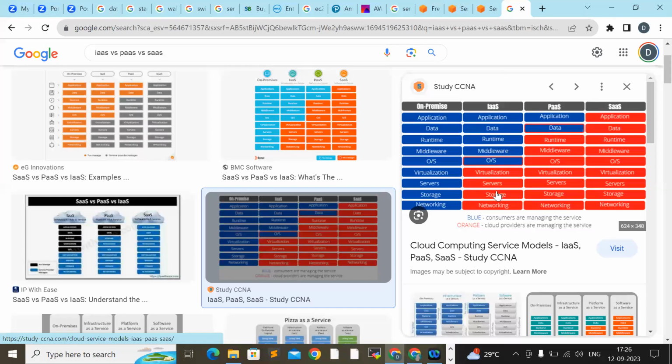So EC2 comes under IaaS, infrastructure as a service, like virtualization. Up to virtualization, AWS has taken care.